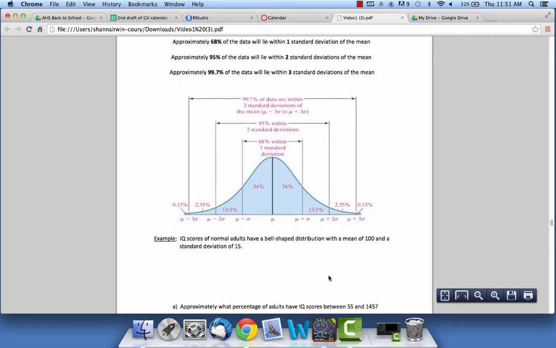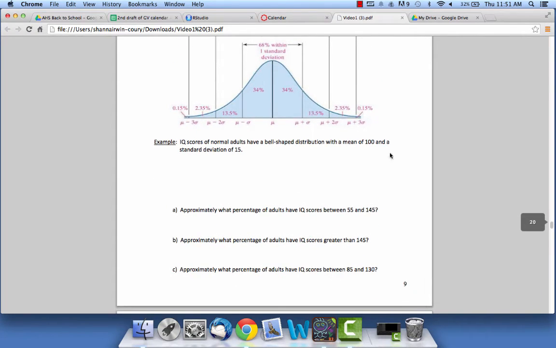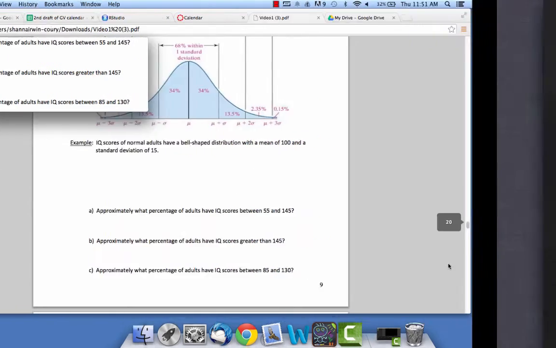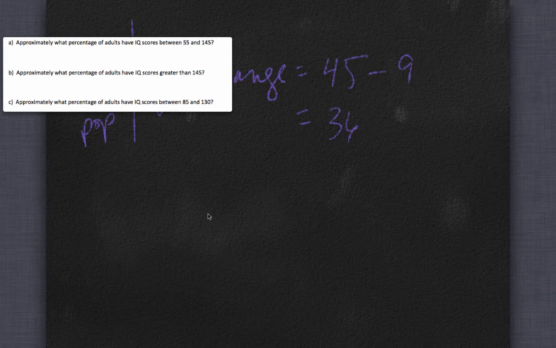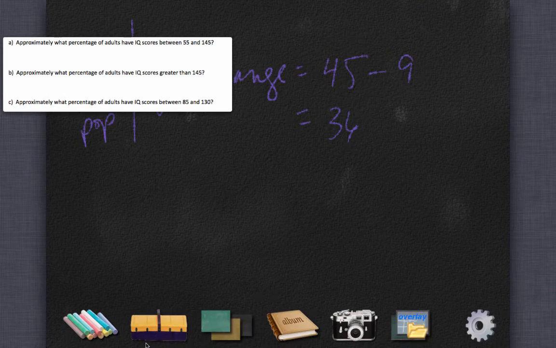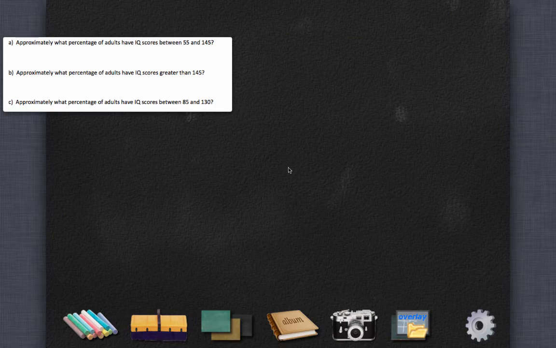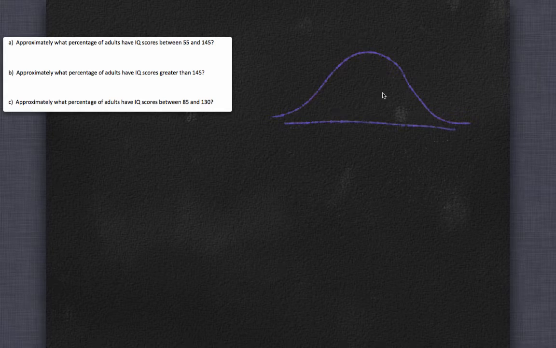So here's an example. Normal adults have a bell-shaped distribution with a mean of 100 and standard deviation of 15. That's IQ scores. I have this bell that was drawn over there.